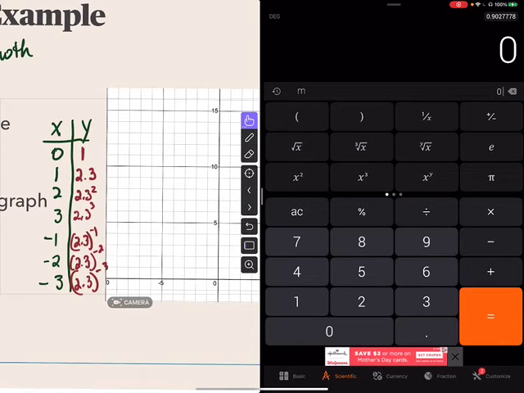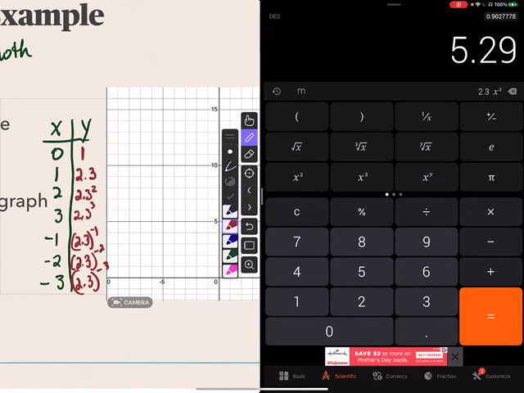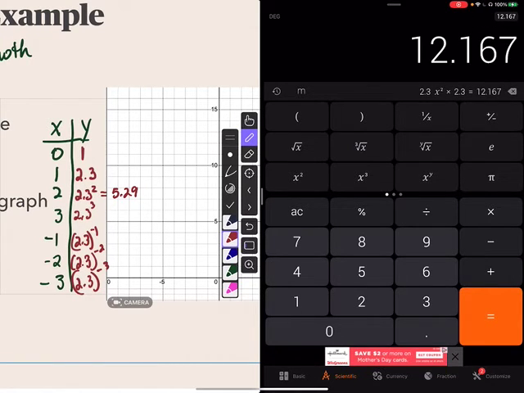So I've got my calculator open now, and I'm just going to get these answers real quick. 2.3, and I've got to square it. So that is 5.29. And then rather than type in 2.3 cubed, I'm just going to go times 2.3 because that'll take it times another one.